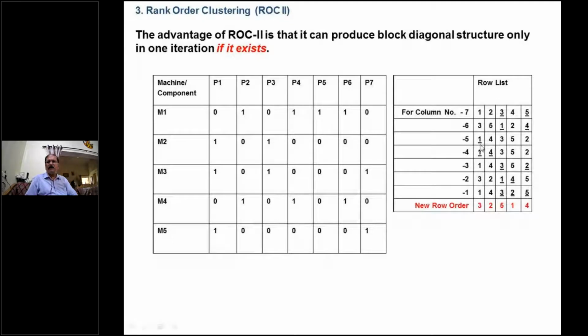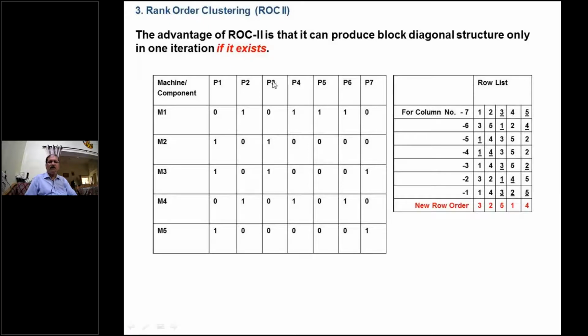So row 1 is underlined, and it becomes 1 4 3 5 2. Then go to column 4. In column 4, row 1 and row 4 have ones. So row 1 and row 4 have been underlined, and they are already in the front, so we need not change anything. So write 1 4 3 5 2.